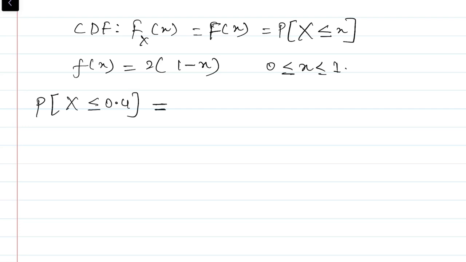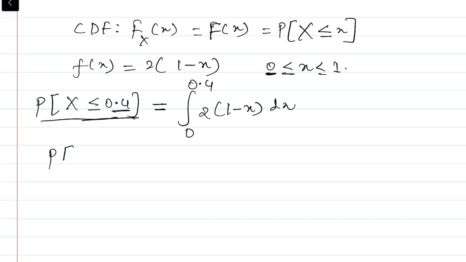The starting point of x is 0 and the end point of x is 0.4. You need to integrate from 0 to 0.4, and that will give you the CDF. So from 0 to 0.4, your function is 2 times (1 minus x) dx, and this will give you the CDF.